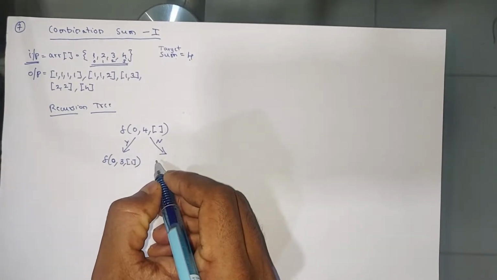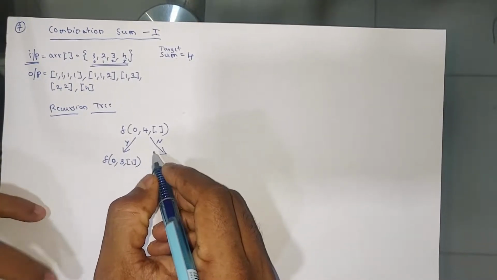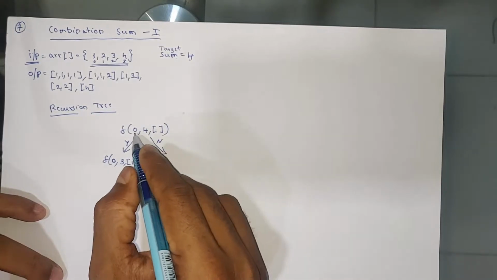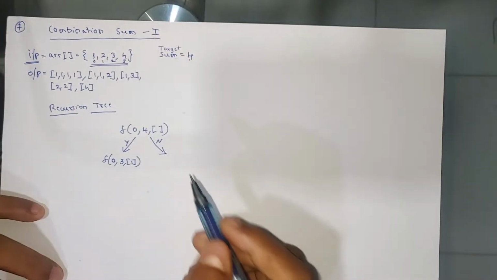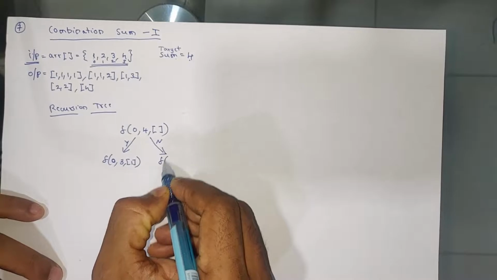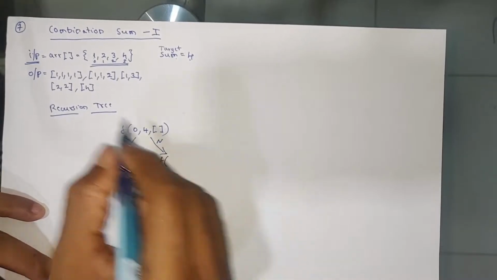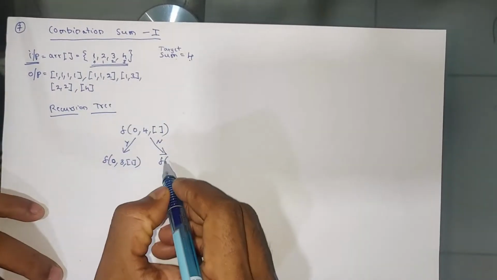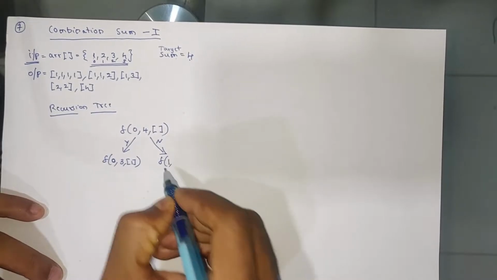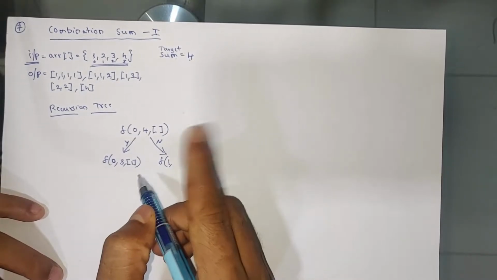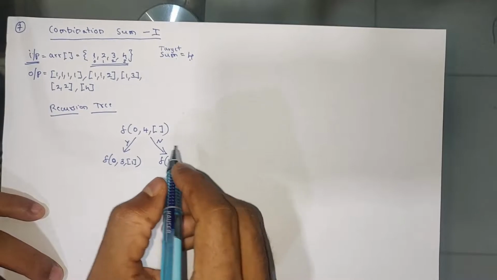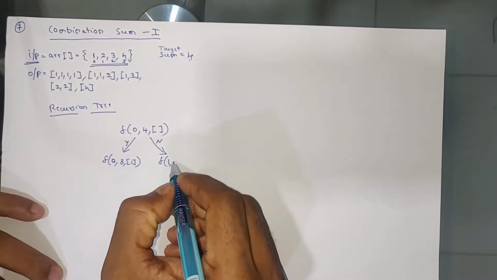And what if I have excluded this element present at index 0, that is 1? Then my recursive call will look like this: function, I am excluding the 0th index, so my index will go up now. It should be 1 now, because we are excluding the zeroth element. And what will happen to the target?